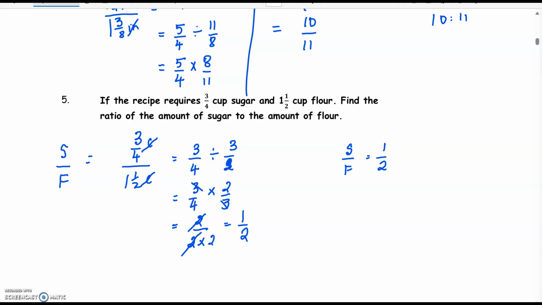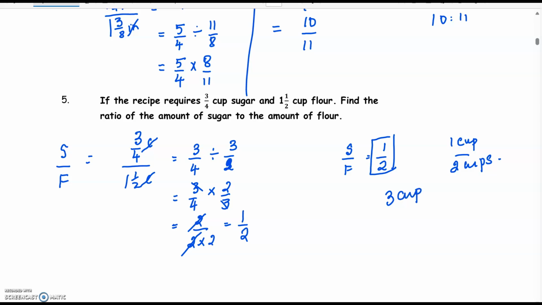Sugar to flour is 1 to 2. So basically what this says is you can use this ratio for any kind of volume measurement. So for example, if I want to use 1 cup of sugar, then I need 2 cups of flour. And what if I want to use 3 cups of sugar?